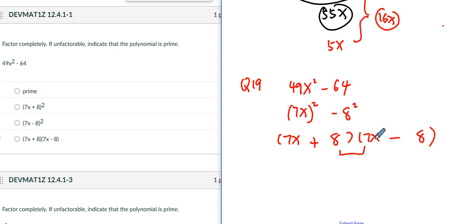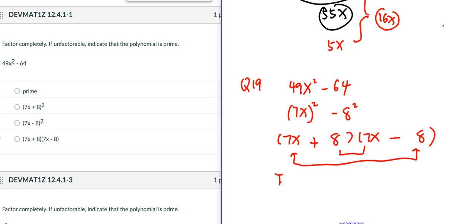You see, 7x times 8, positive. 7x times negative 8, it will be cancelled. 7x times 7x is the first product.